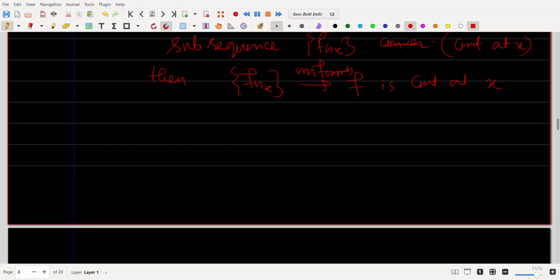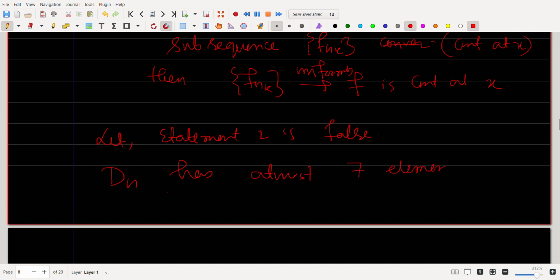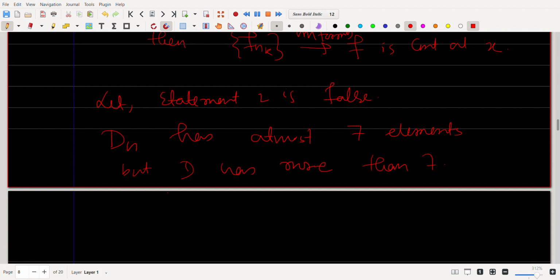Okay, so let, if possible, the second statement be false. Okay, let statement 2 be false. So that means D_n has at most 7 elements, but D has more than 7. Okay, say so.